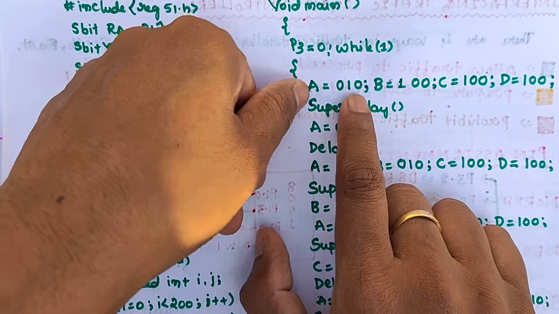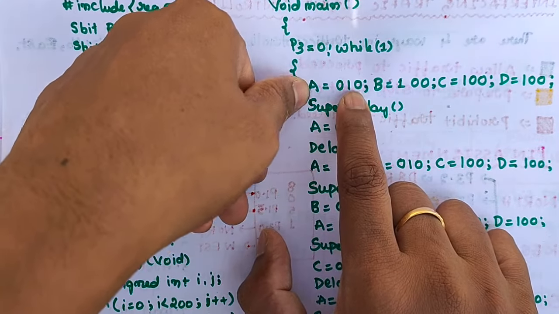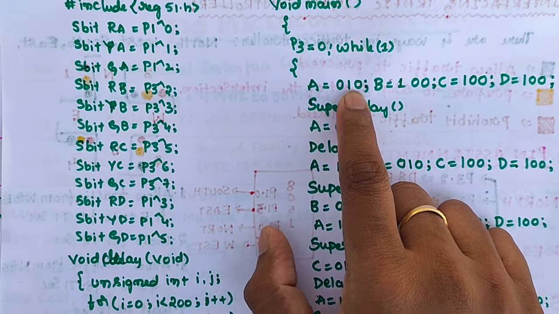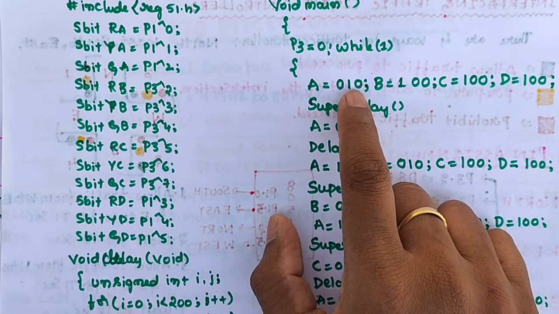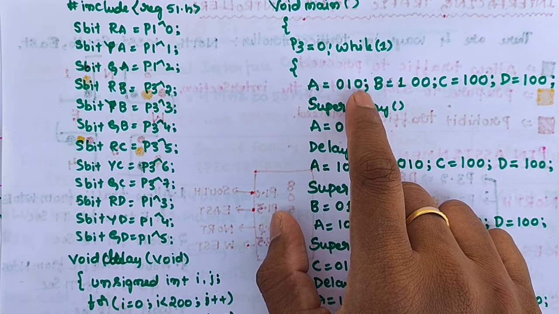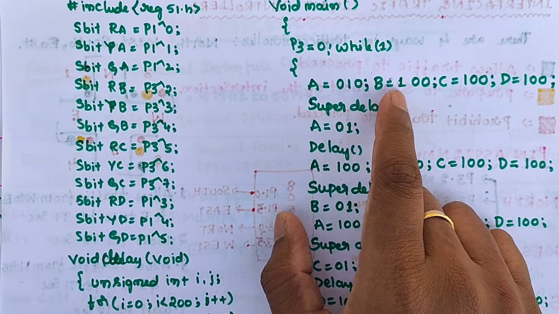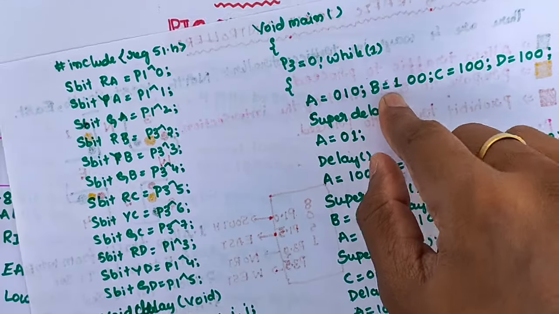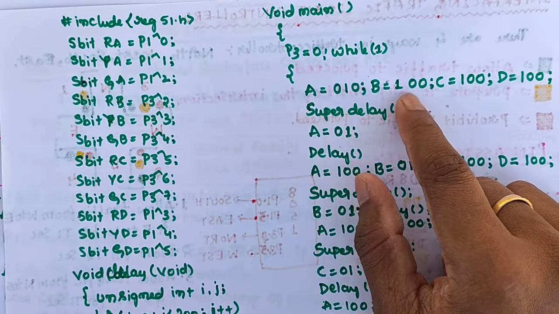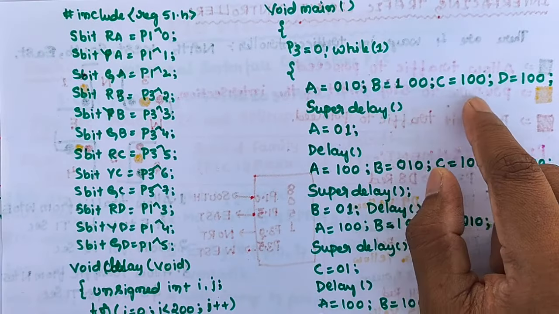If north is energized, that is in the green condition, the remaining ways are all in the red condition.